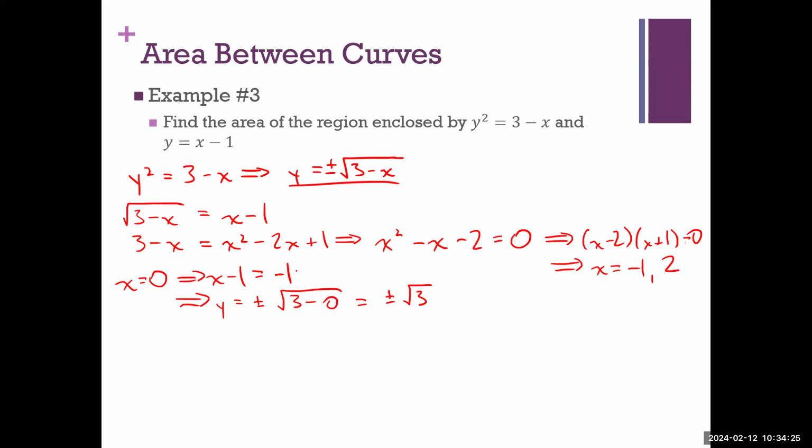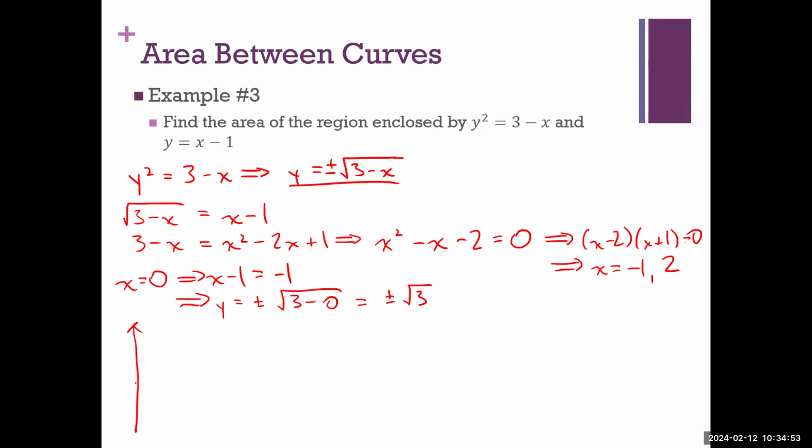Well, what is this negative square root of 3? That's a y value, right? So those y values can be as large or small as they are. But did this tell us what we want to know about which curve is on top? Radical 3 is bigger than negative 1, but negative radical 3 is less than negative 1. So maybe we should draw a graph.